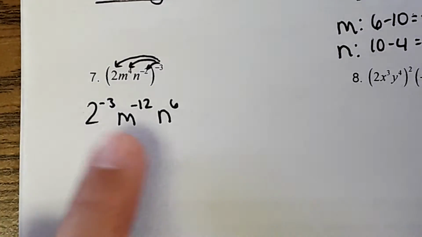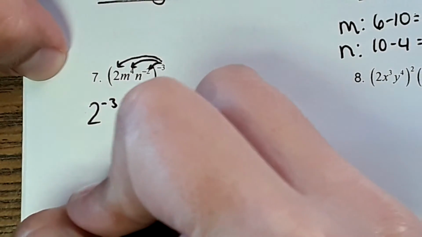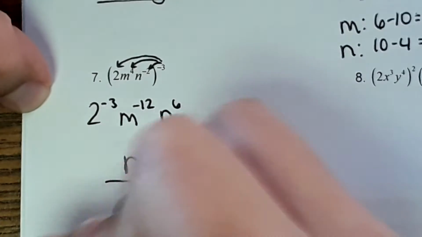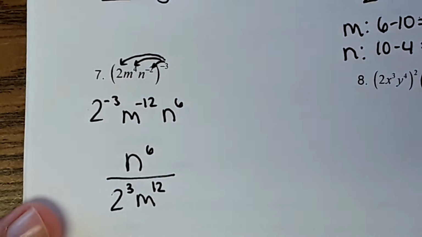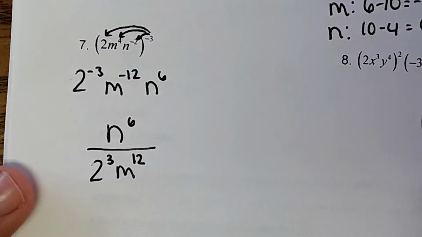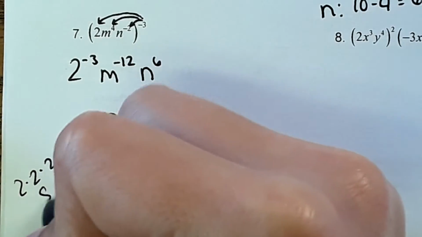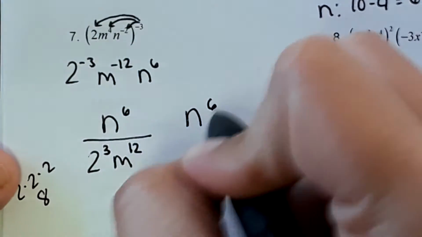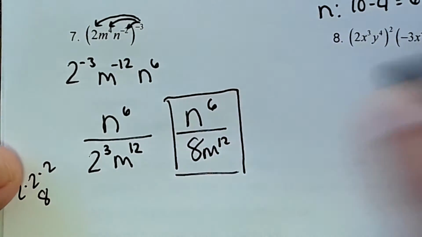Okay, then I'm going to put the numbers and variables with a negative exponent in the denominator, so it'll be n to the 6th over 2 to the 3rd power, m to the 12. And then 2 to the 3rd power would be 2 times 2 times 2, which is 8. So I get n to the 6th over 8m to the 12th power. And I'm done.